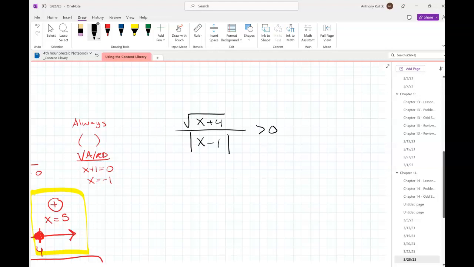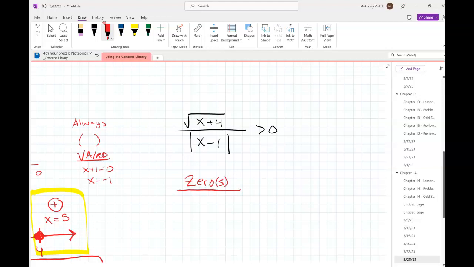So we have the square root of x plus 4 all over the absolute value of x minus 1. Oh no! So complicated. It's going to be fine, guys. Don't panic.